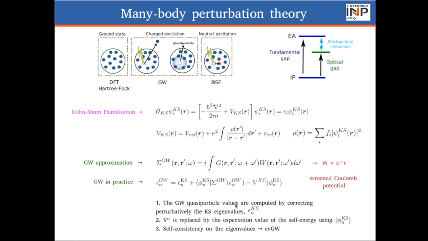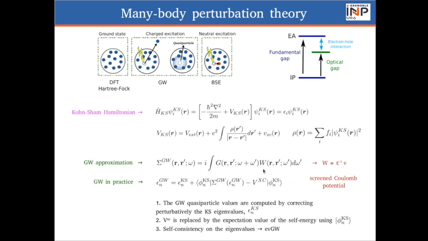So within Hedin's set of equations, which is a closed set of equations, we work within the GW approximation, which is the lowest term in the expression of the self-energy in terms of W, which is the screened Coulomb potential. And practically we work in a perturbative way, which means that we keep our Kohn-Sham wave function frozen, and we perturbatively correct the Kohn-Sham eigenvalues with the expectation value of the self-energy computed using the Kohn-Sham wave function.